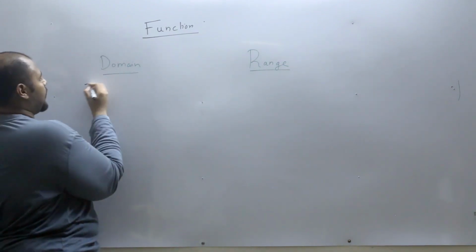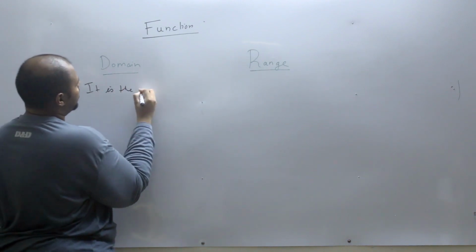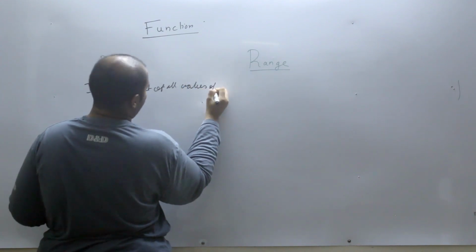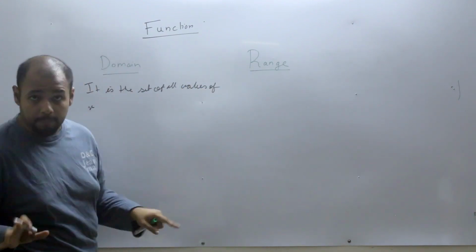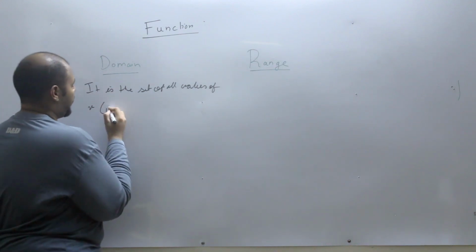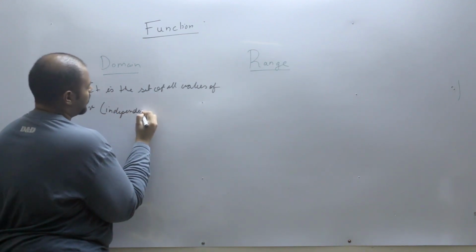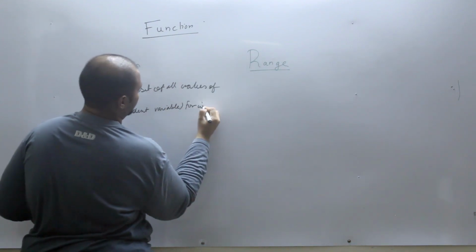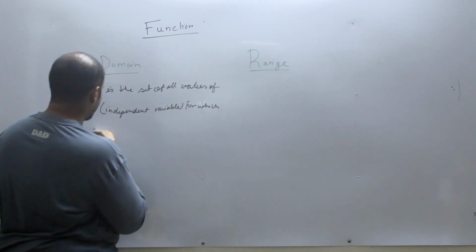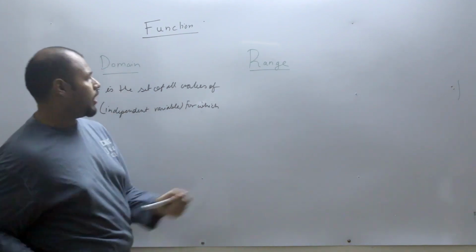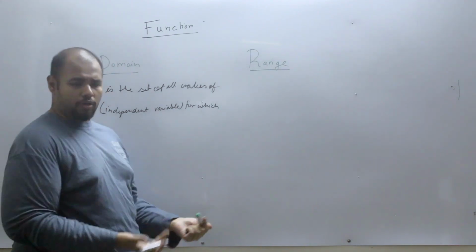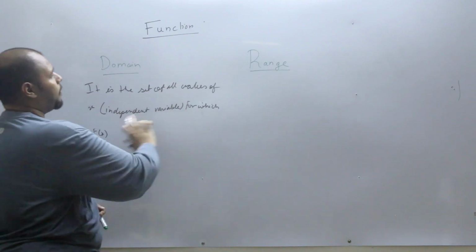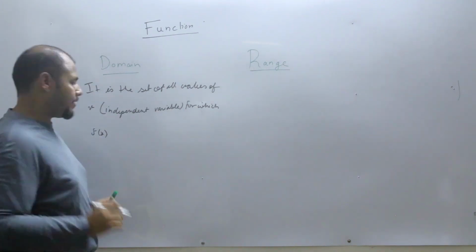So the domain is the set of all values of x, or more precisely the independent variable, for which the function f of x, or whatever your function is, f of t and so on, exists. So it is the set of values of x, the independent variable, for which f of x exists.